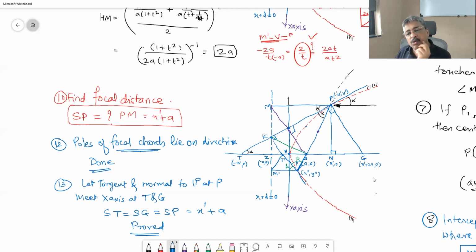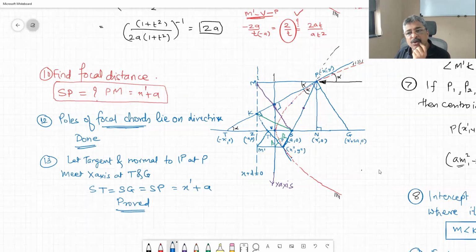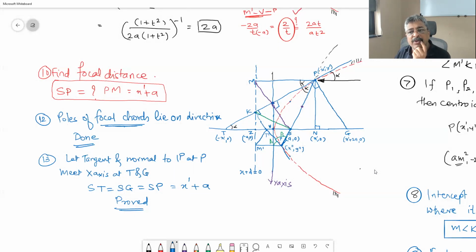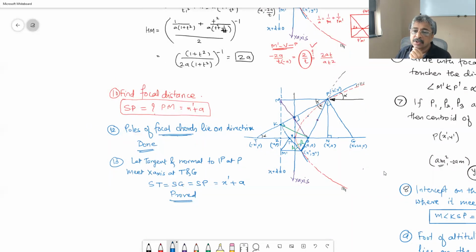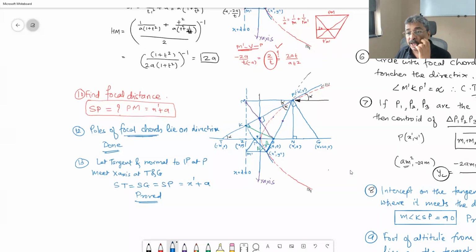Now, most important is we are doing only one kind of parabola where three more kinds of parabola also exist. We have done y square is equal to 4ax. Y square is equal to minus 4ax also will exist, opening to the left, focus at minus a, something like that, and all the corresponding properties will be true.